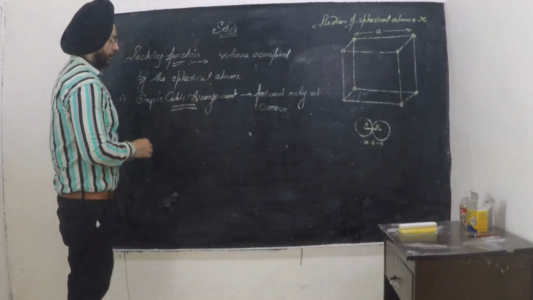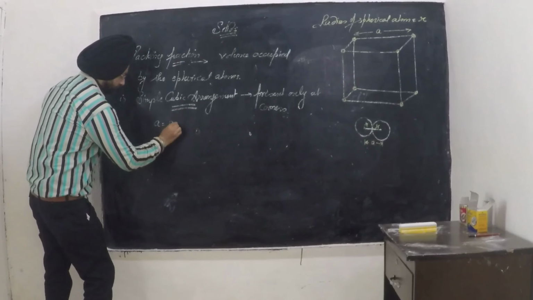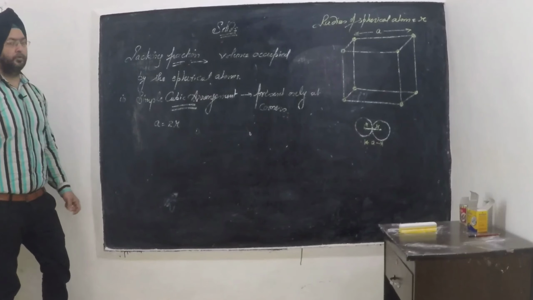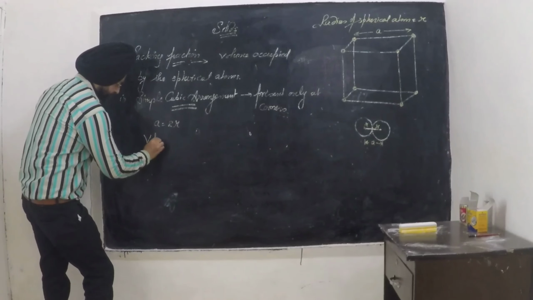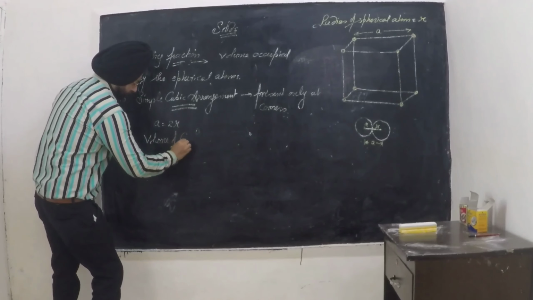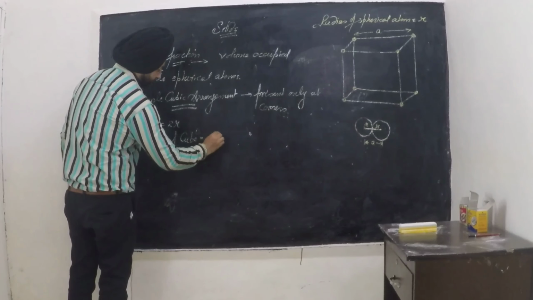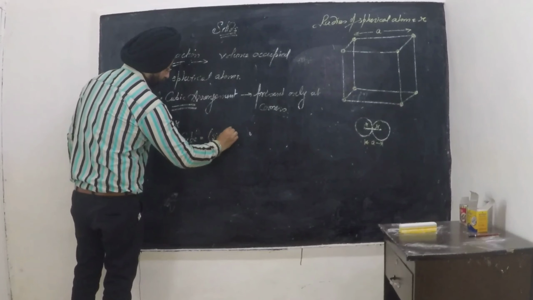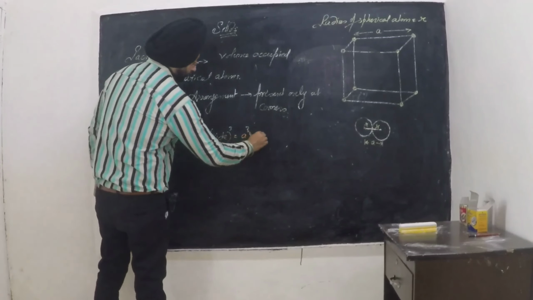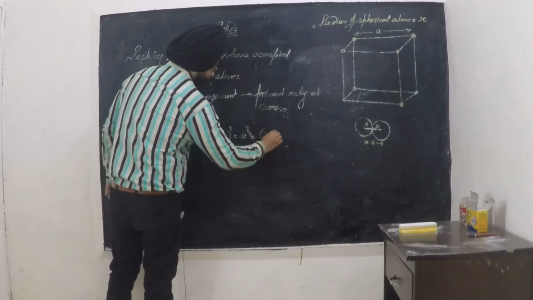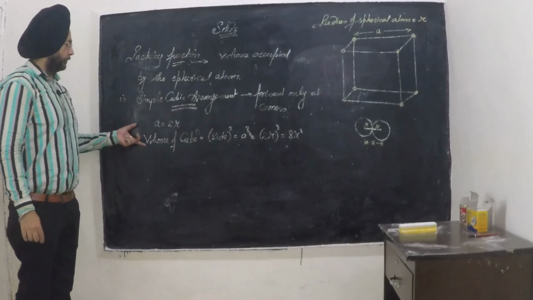So then what will be a? a will be equal to 2r. Now what is the volume of cube? Volume of cube is side cube, so it will be a cube, but a was equal to 2r, so it will be 2r cube. So you will get 8r cube.